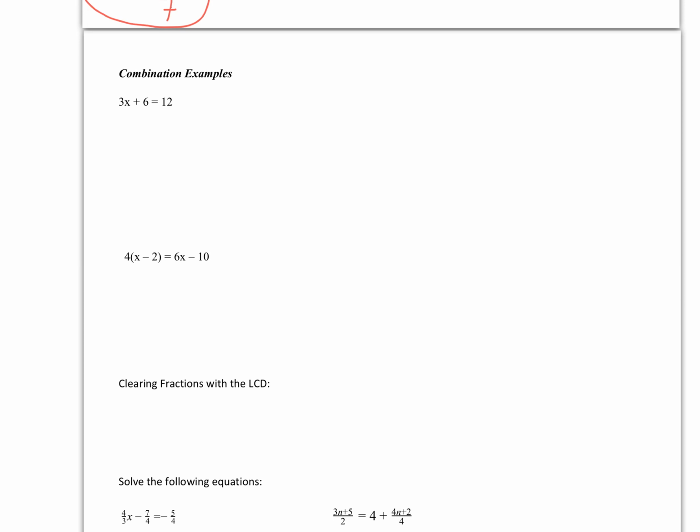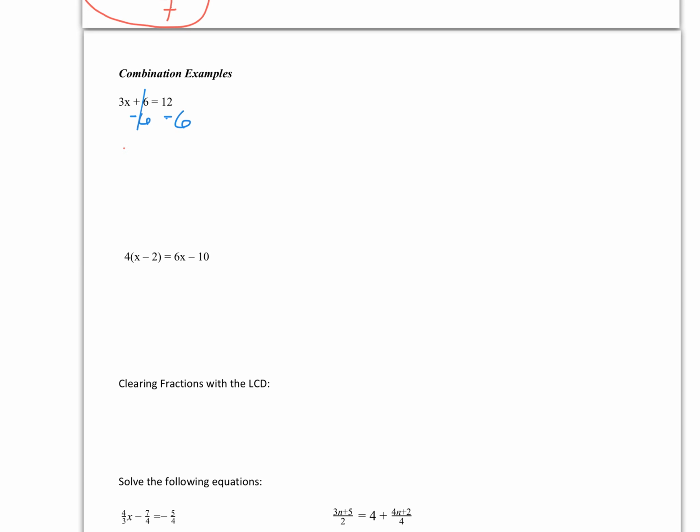Now let's look at some examples that have a combination of the addition property and the multiplication property. For this first example, again we're working on isolating x. When possible, we want to get rid of addition and subtraction first. In other words, this plus 6 tells us we need to subtract 6 from both sides.